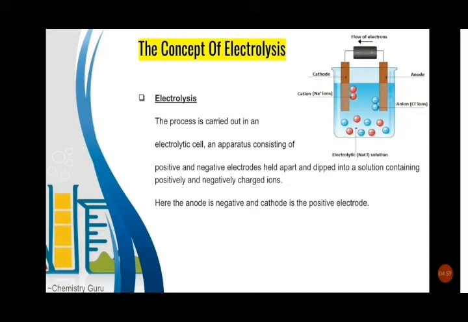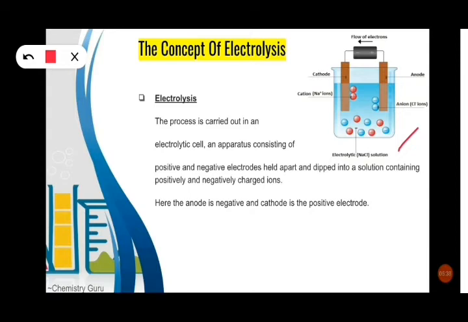These two are held apart and dipped into a solution containing positively and negatively charged ions. So this solution contains both the ions, positive as well as negative. Now the cell consists of the brine solution, having both the negatively and positively charged ions in it.